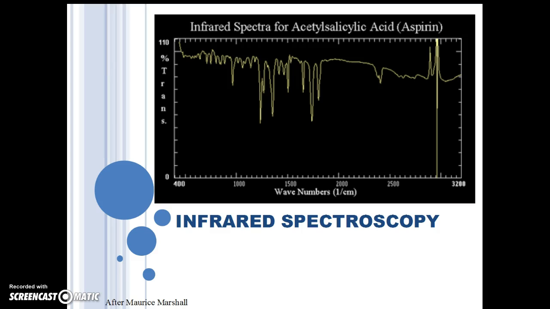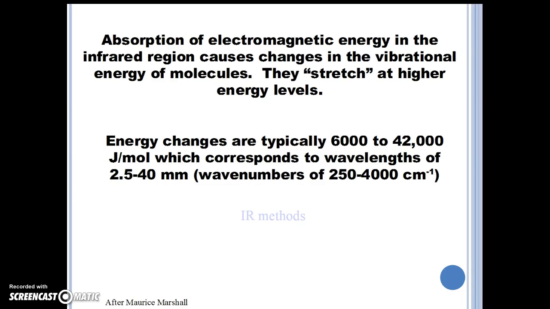And in fact, UV is frequently used to measure concentration when we know what we're working with. Now we'll move to infrared spectroscopy, and this is really exciting for helping us identify compounds. Absorption of electromagnetic energy in the infrared region causes changes in the vibrational energy.